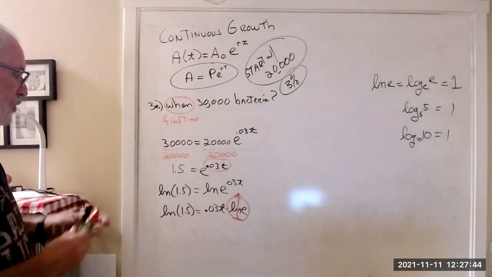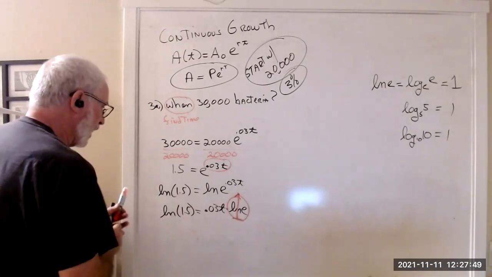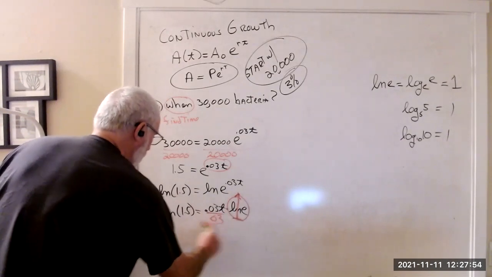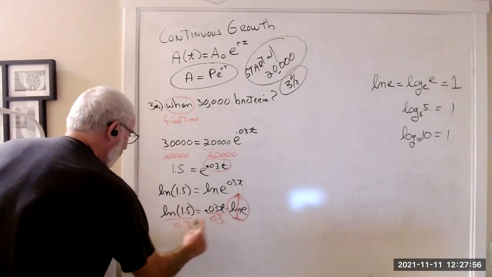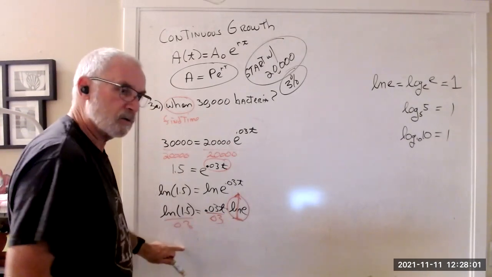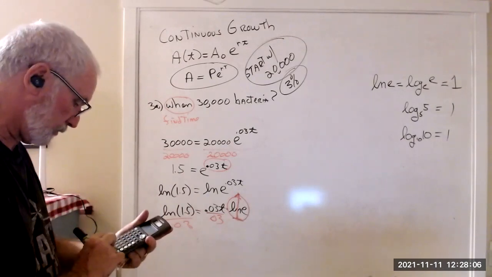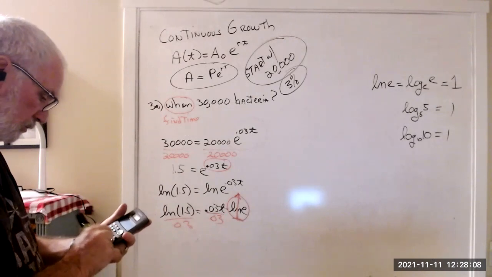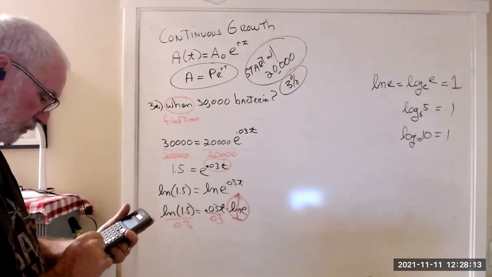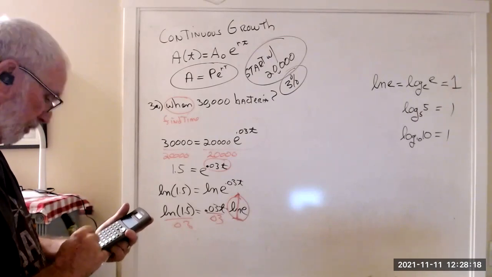Okay. So all I have to do is take the ln of 1.5. I'm going to divide both sides by 0.03 here. And that's going to give me the ln of 1.5 divided by 0.03.